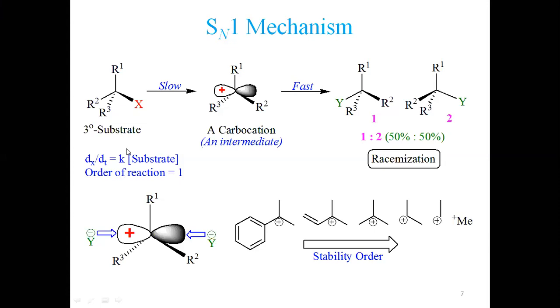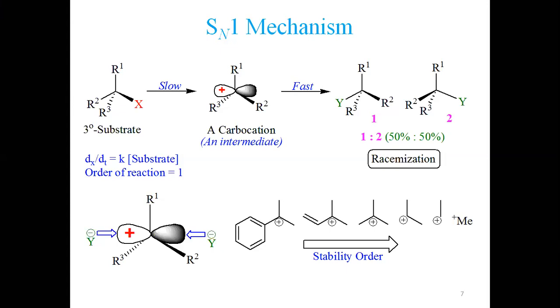So it is first order with respect to substrate and shows zero order kinetics with respect to the nucleophile. If we increase the nucleophile's concentration, it is not effective. The reaction rate doesn't change at all, even if we increase the concentration of the nucleophile.